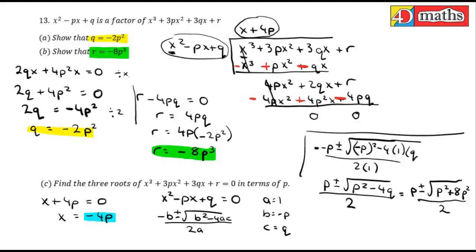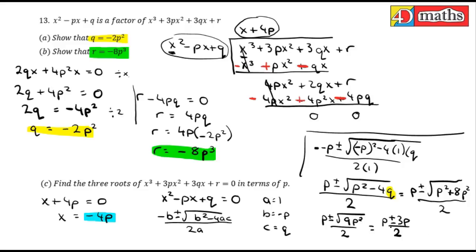So basically what I'm doing there is I'm replacing q with this here, and I'm multiplying it out. Okay? So continuing on, I get p plus or minus the square root of 9p squared all over 2, and the square root of 9p squared is 3p, so it's p plus or minus 3p over 2.